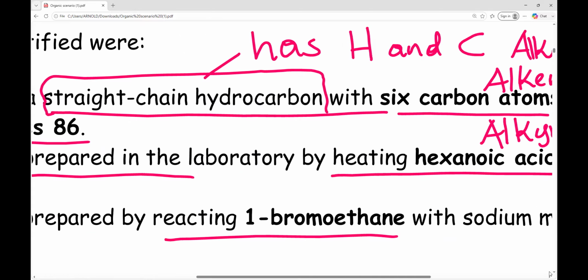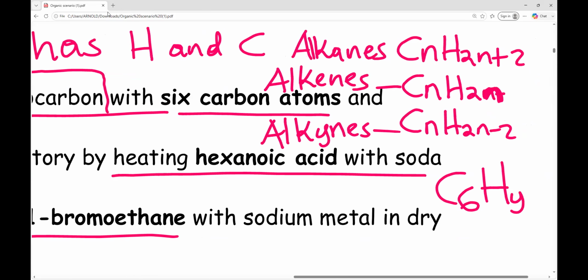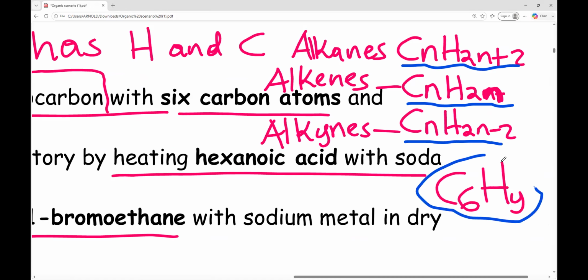So if I know that a hydrocarbon can be an alkane, we use this formula to generate them. I hope you can see. For alkanes, we use this formula in blue. For alkenes, we also use that formula in blue. Alkynes, we also use that. Now, in this case, I have a compound of this form.